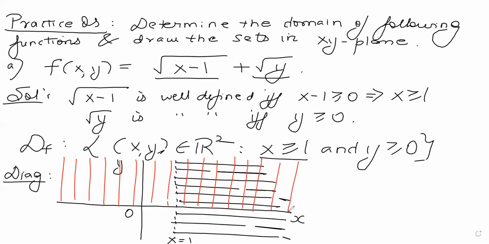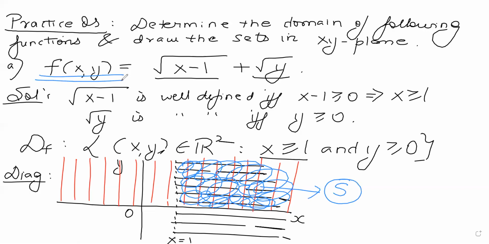So what is the intersection, guys? Where you have both the black and the red line. So my intersection is given by this area. That means I can say this is my region S over which the function f of xy is well defined. So I can call this as the set S. Set S is nothing but the set of pairs x comma y such that x is greater than or equal to 1 and y is greater than or equal to 0.